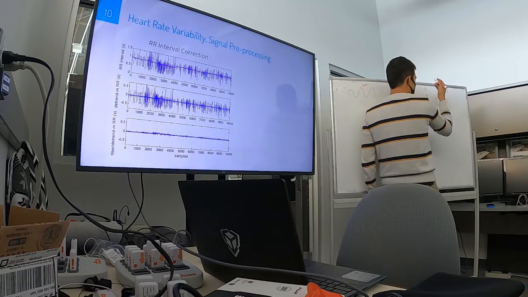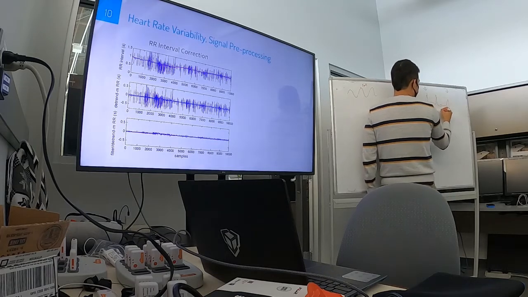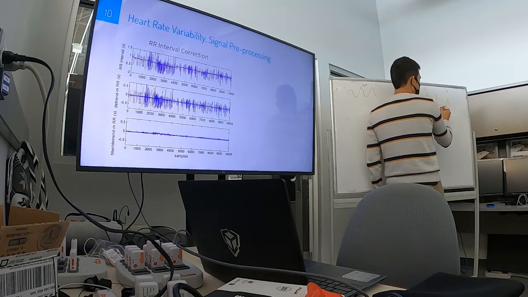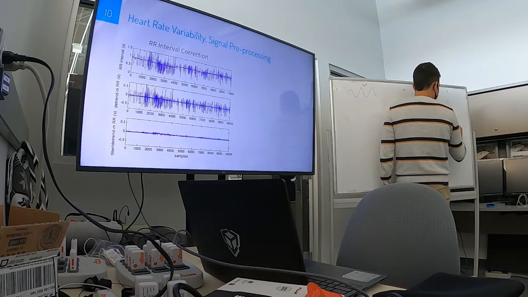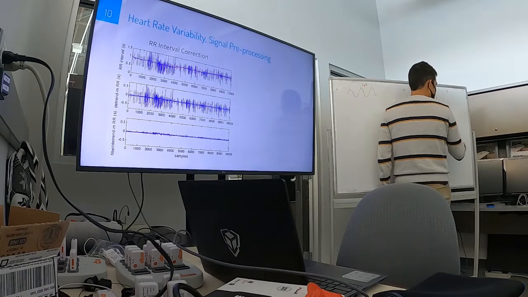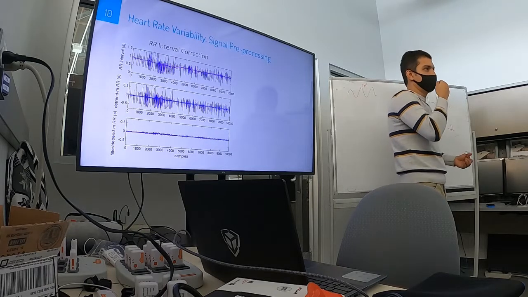That's double. That can be 100 milliseconds compared to 700. So when you plot the RR intervals, you see 700, 800, 100, boom, and you have a big one. These are the outliers for RR intervals.